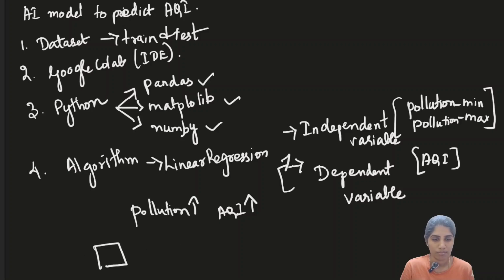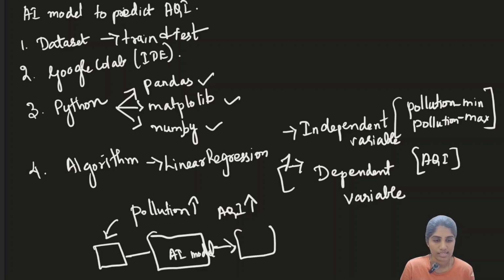My input is my pollution data, I'm using linear regression as my AI model, and I'm going to get the air quality index, AQI, as my output. I hope you have a basic picture of what we are going to do in this video. We will see in detail how to implement it in real time.